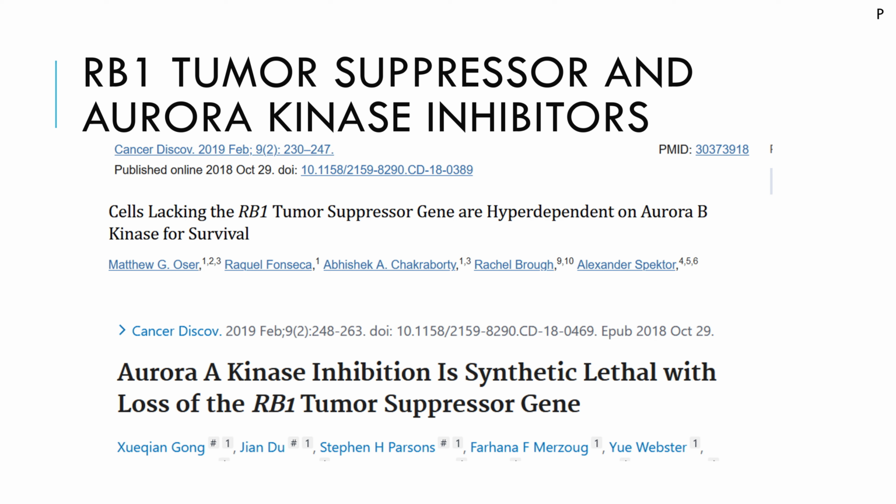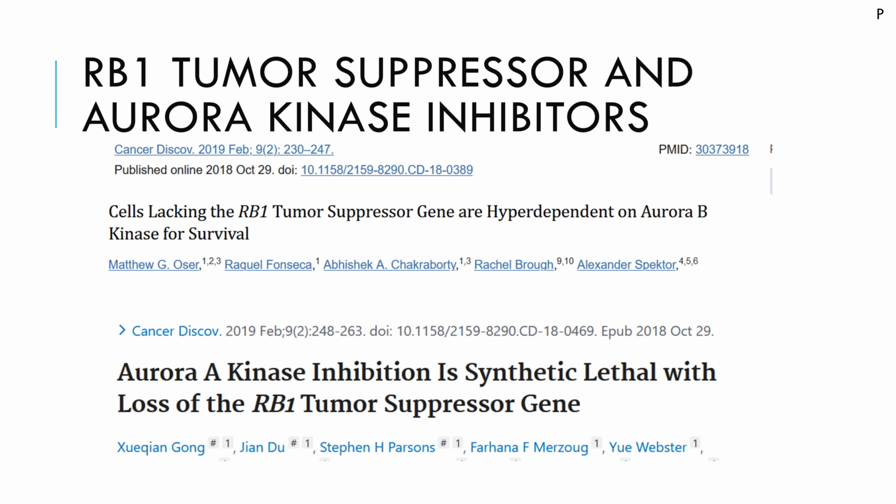Synthetic lethality was described for an RB1 tumor suppressor gene about a year later. And the title of that reads, Aurora A kinase inhibition is synthetic lethal with the loss of RB1 tumor suppressor gene. So this has been established.